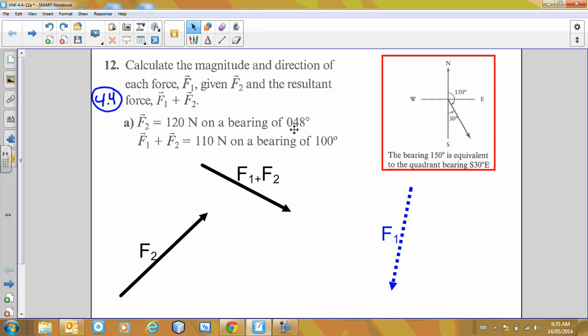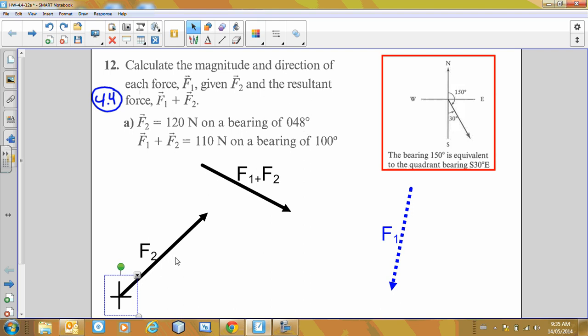F2 is on a bearing of 48 degrees. And I put the little bearing diagram over here from the notes, just to remember that 0 degrees is north, and then basically we rotate towards the east from there. So 48 degrees is a little bit more than 45 degrees from the vertical here. So I'm just going to look at simple little axes, and it's somewhere in that neighborhood.